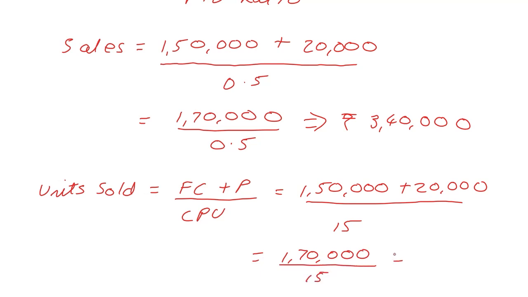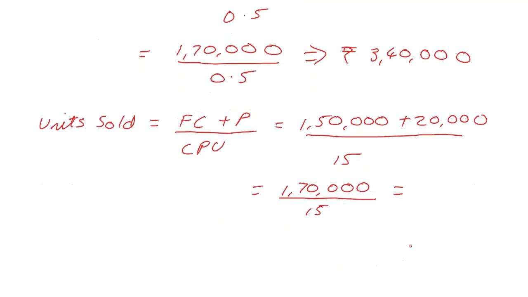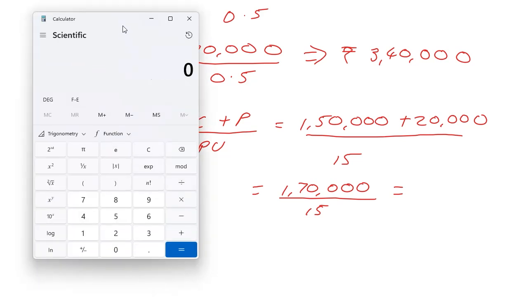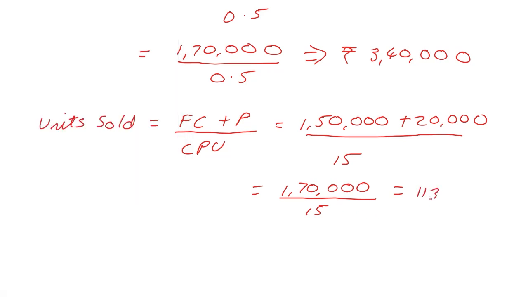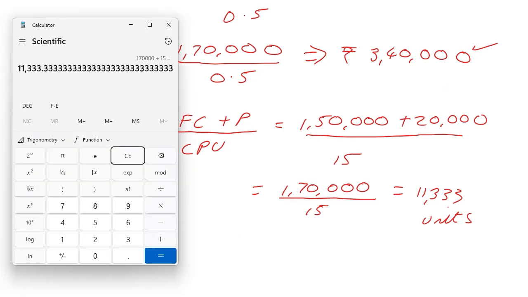So I'm going to end up with 1,70,000 upon 15. Looking at this, you know it's going to be a very odd number, but let's just do it. I'll show you two ways in which we could have done the same calculation. 1,70,000 upon 15 gives 11,333 units. Alternatively, I already got 3,40,000 as my answer in terms of rupees.